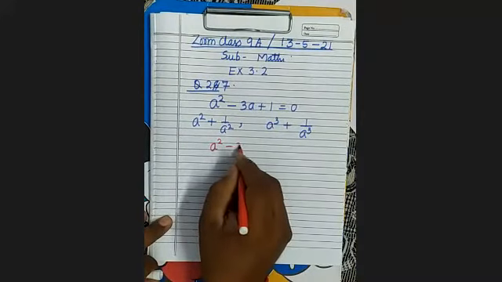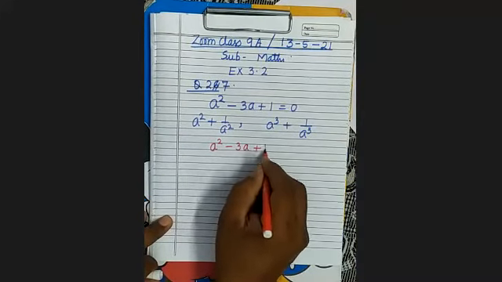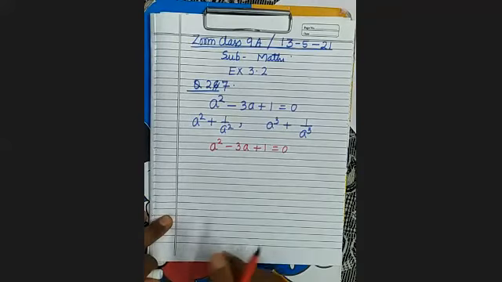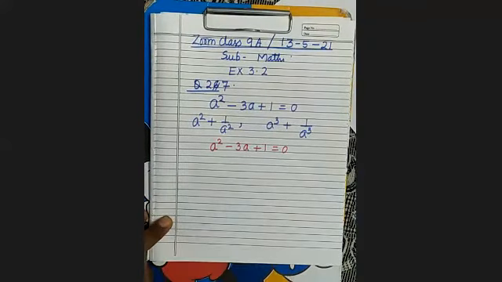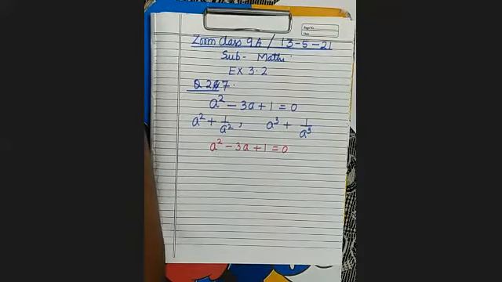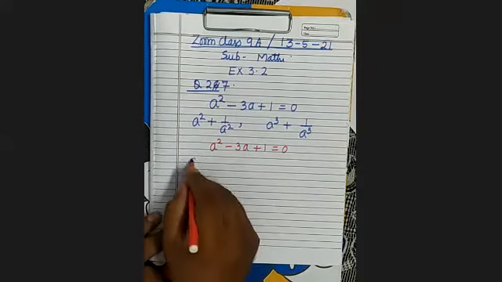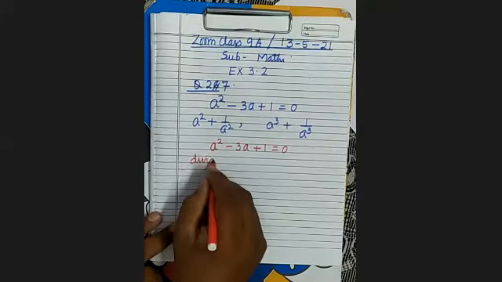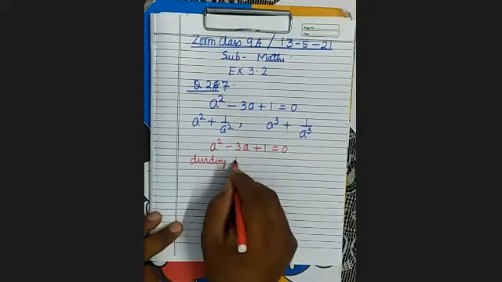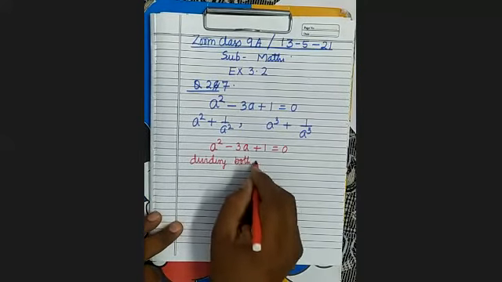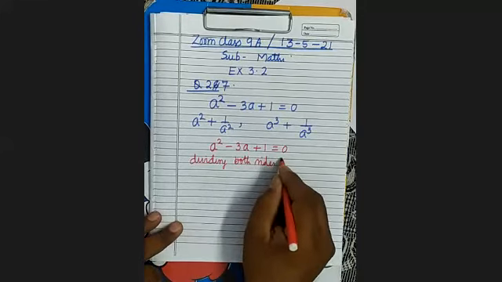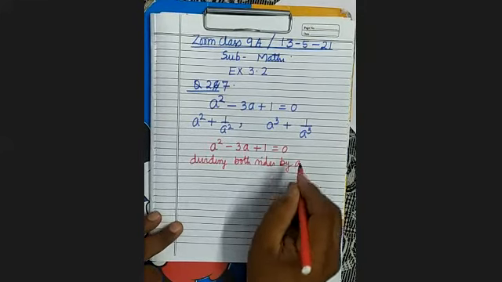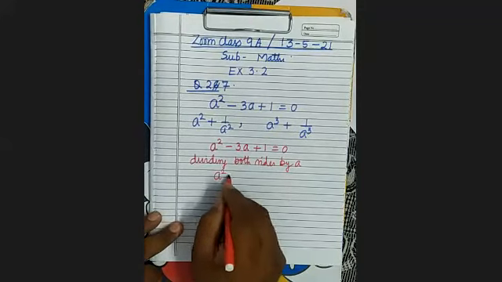A square minus 3a plus 1 equals to 0. You divide both sides by a. When you divide both sides by a, what will you get?